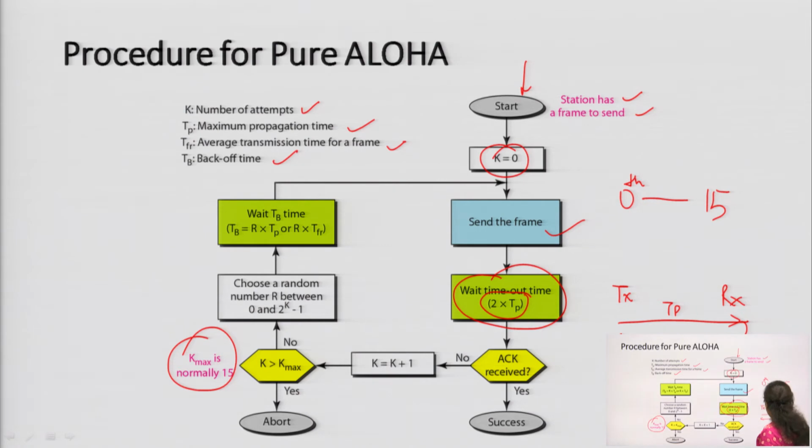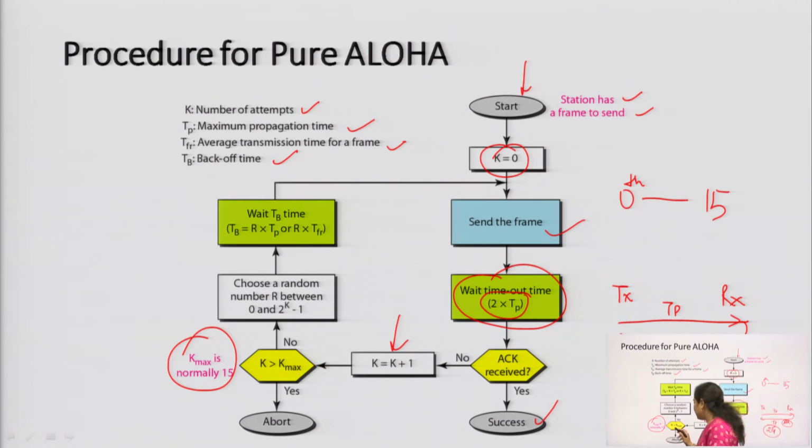Then, in the reverse path, the acknowledgement has to be transmitted. Then it will check whether the acknowledgement has been received or not. If the acknowledgement has been received, then it is a success, meaning the particular frame has been transmitted and received at the receiver side. If no acknowledgement has been received, then it has to check for the next attempt, that is k equals k plus 1.